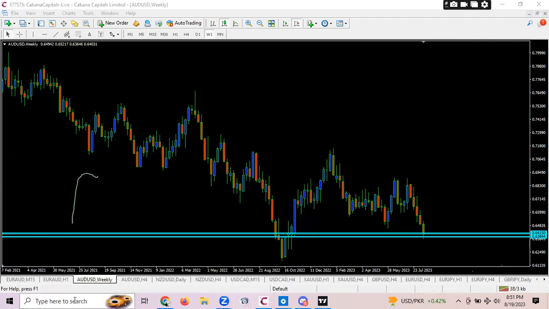Now, when you're calculating pivot, I always advise or suggest that you use a strong bearish candle or a strong bullish candle. The range of the candle shouldn't be less than 50 pips. What do I mean?